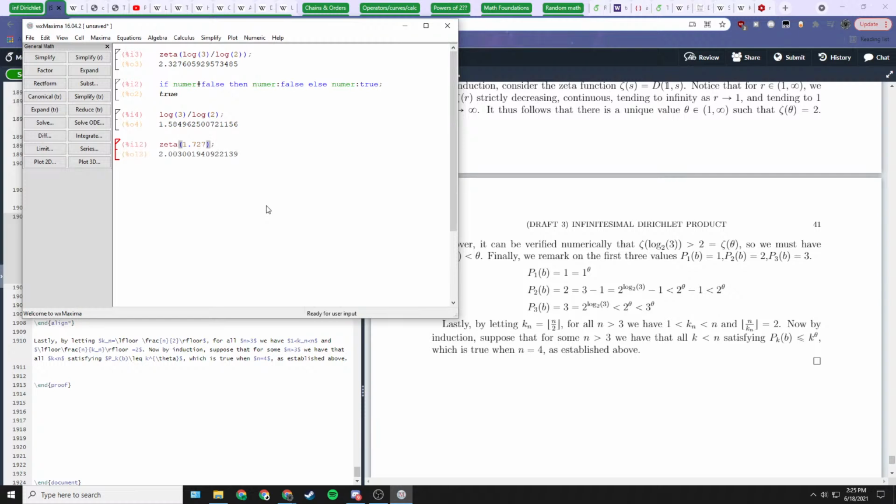Yes, it's about 1.7287. Very rigorous. This is our theta value, approximately 1.7287.